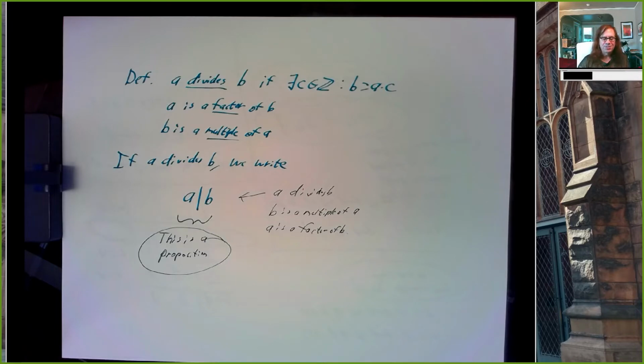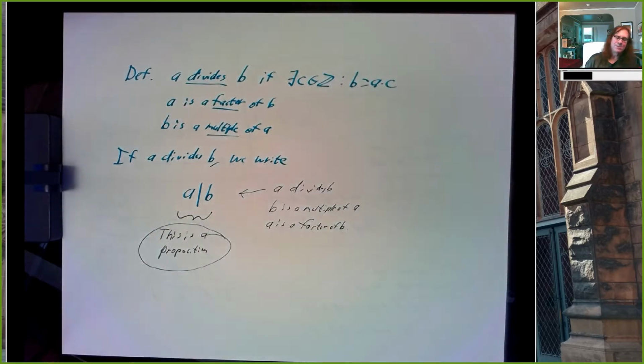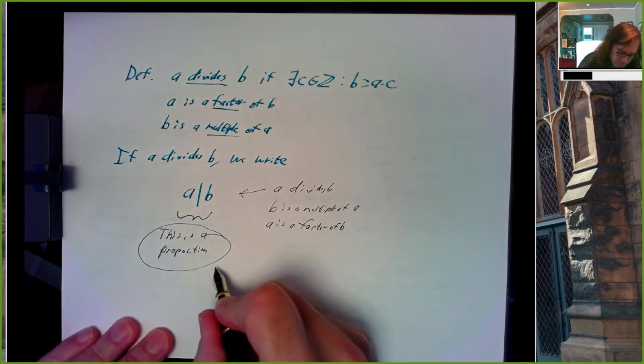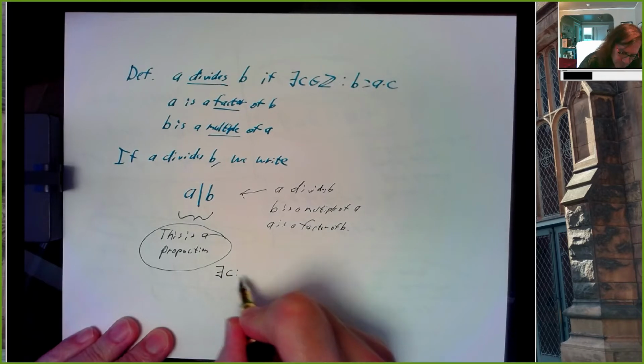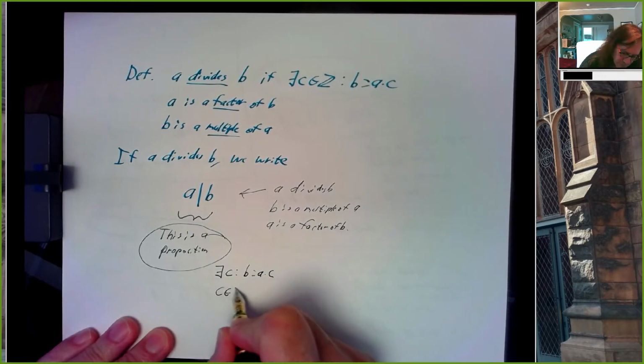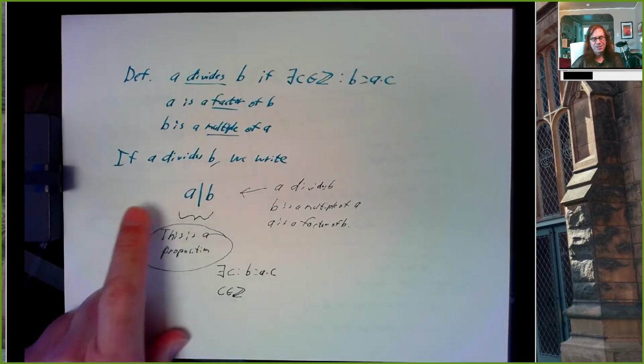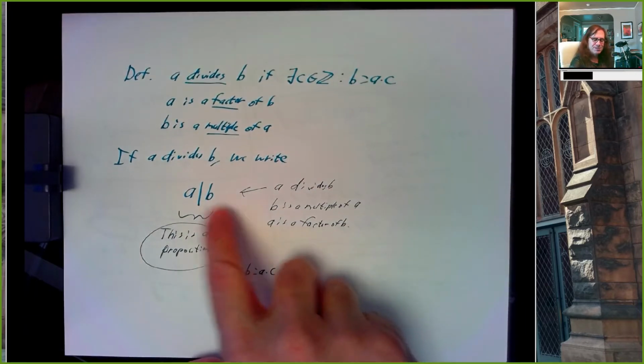It's the proposition that there exists an integer C such that B is equal to A times C. Alright, that's super important. So this symbol A vertical bar B is a proposition that B is a multiple of A.